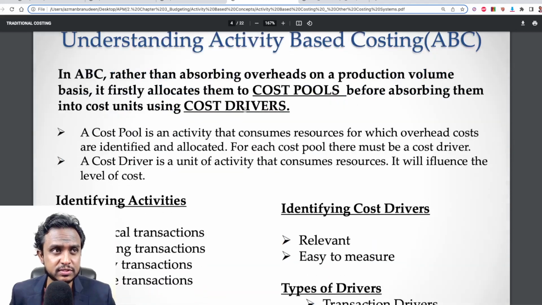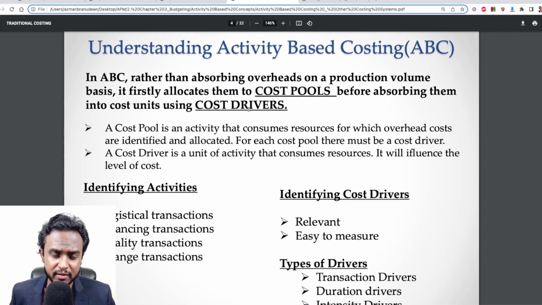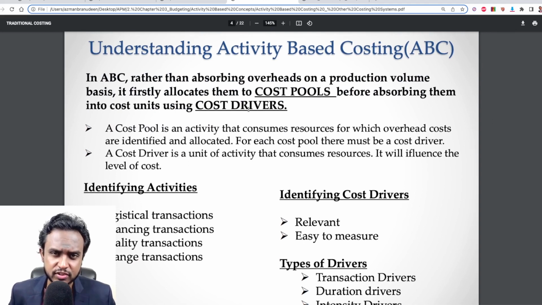So then we propose that activity-based costing is actually better because you're not looking at your business in a functional or departmental approach.